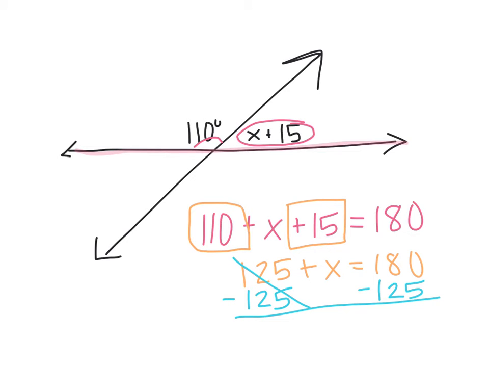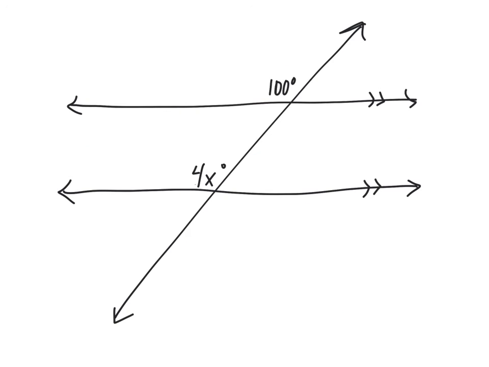These will cancel, they equal 0. X is left. X equals 180 minus 125, which is 55. So x is 55.